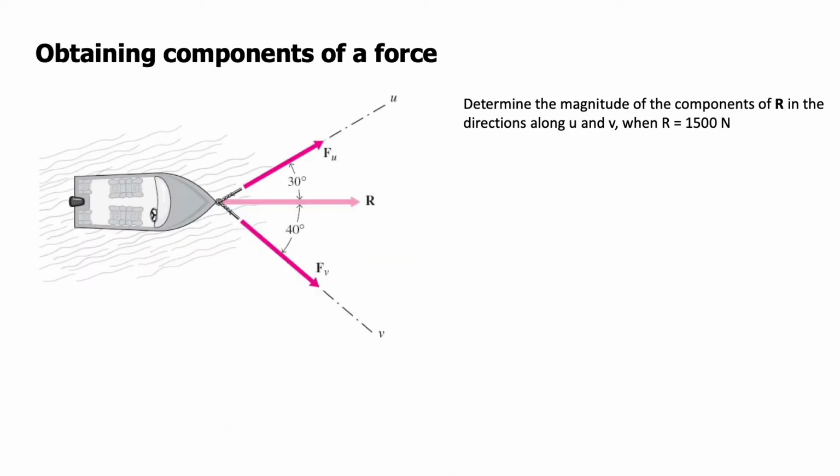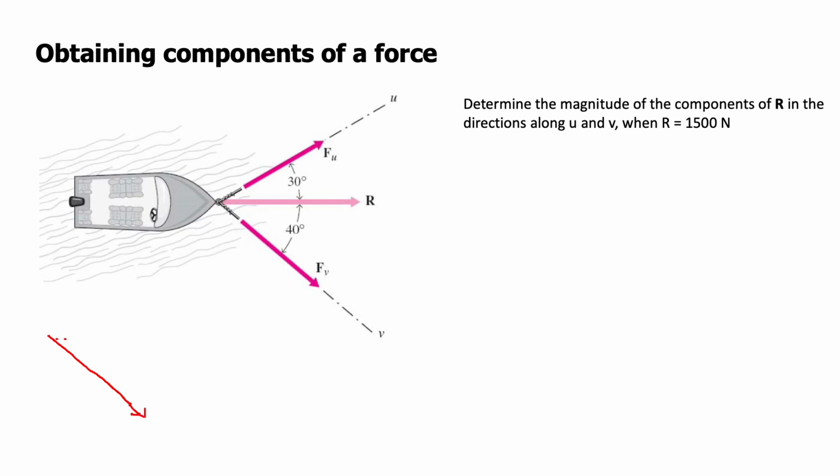Now in this problem, we are asked to determine the components of the force R, which is equal to 1,500 newtons. We will find the components Fu, which is parallel with the line U, and Fv, which is parallel with line V, or directed towards V. The first thing we have to do is redraw this. First we draw Fv, directed in this direction.